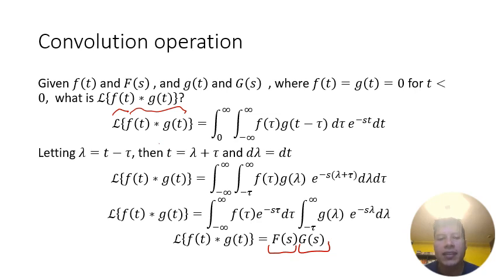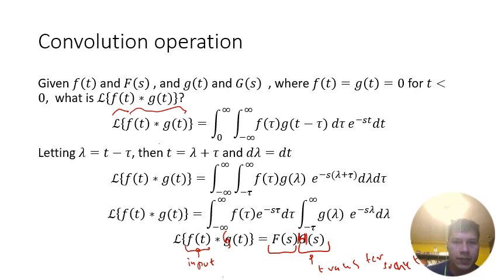So what that means is that if I want to do a convolution between my input and h of t, in the Laplace domain, that corresponds to just taking the product of my input with the transfer function. And as a result, this will be much more efficient.